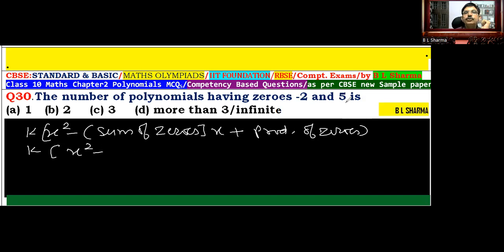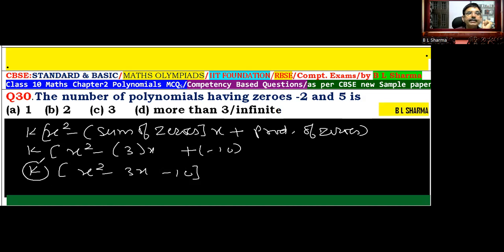Now what is sum of zeros? -5 and -2, their sum is -7, so 7x. And what is product of zeros? -5 into -2, that is 10. So k times x square minus 3x minus 10.